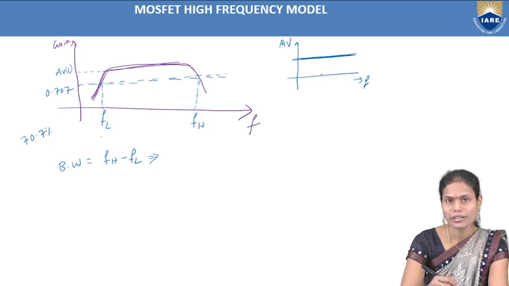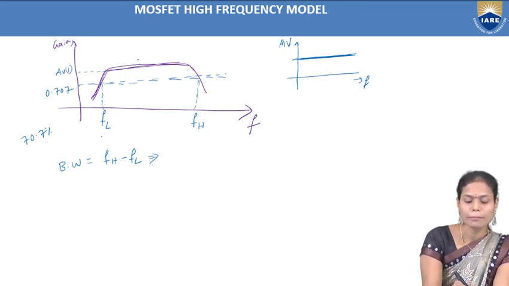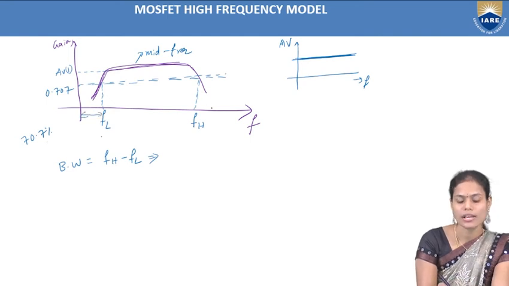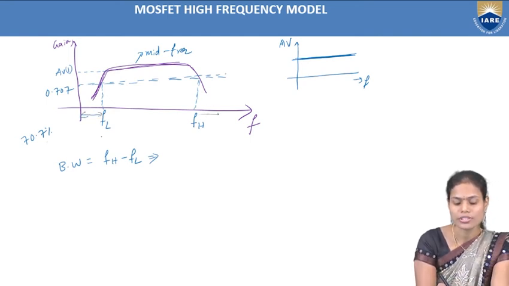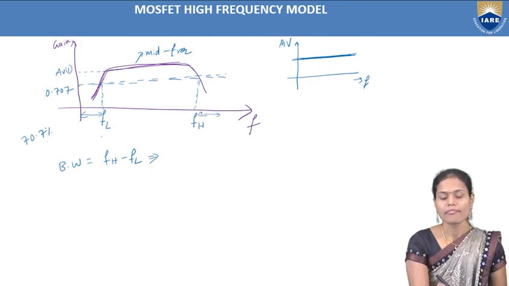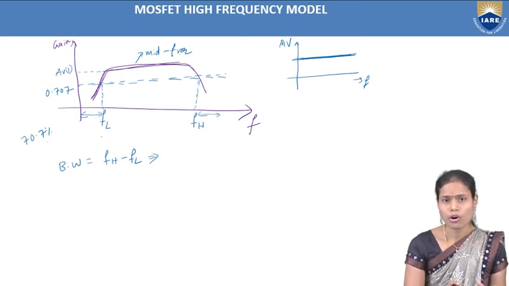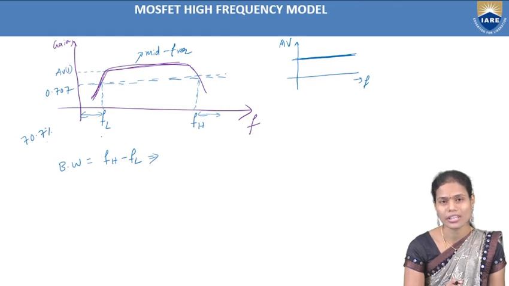But in the practical case, only for the mid frequency range will we get the constant gain, and gain is falling down during the low frequency ranges as well as above the high frequency ranges. Why we are not getting a stable or constant voltage gain for all the frequency ranges is due to the effect of different capacitances in the circuit.